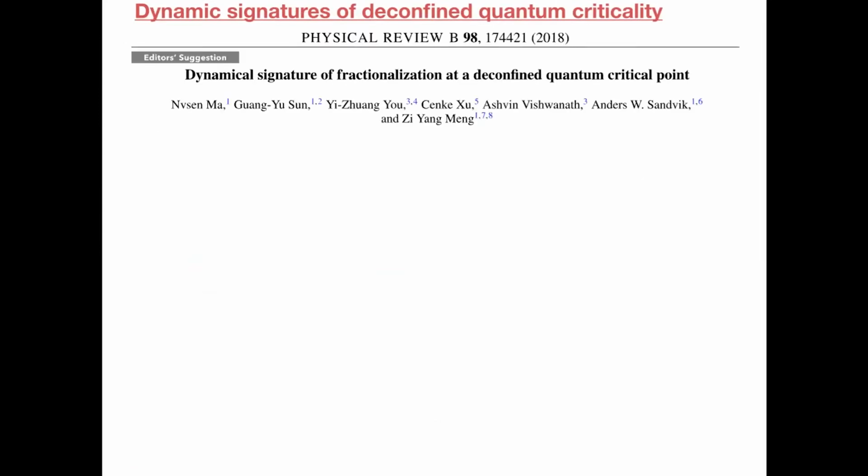Okay, thanks. So let me tell you about some other signatures of DQCP very quickly that may be of interest to people here. This is a collaboration with Soyoung Meng and his students when I was at IOP in Beijing. And we collaborated with field theory friends that, as you see here, you probably know.